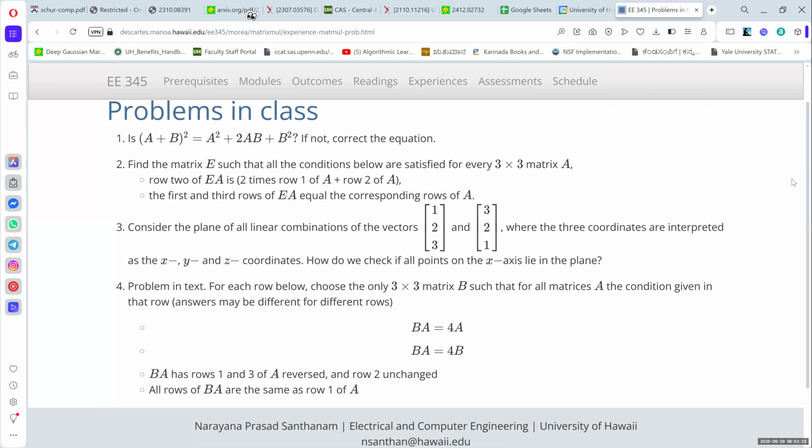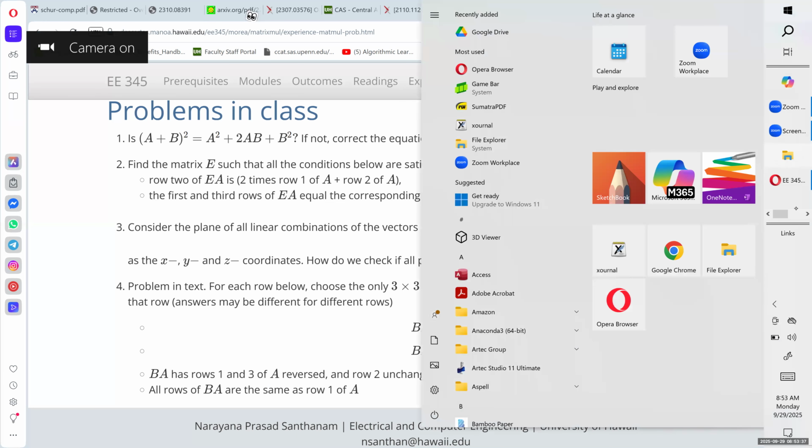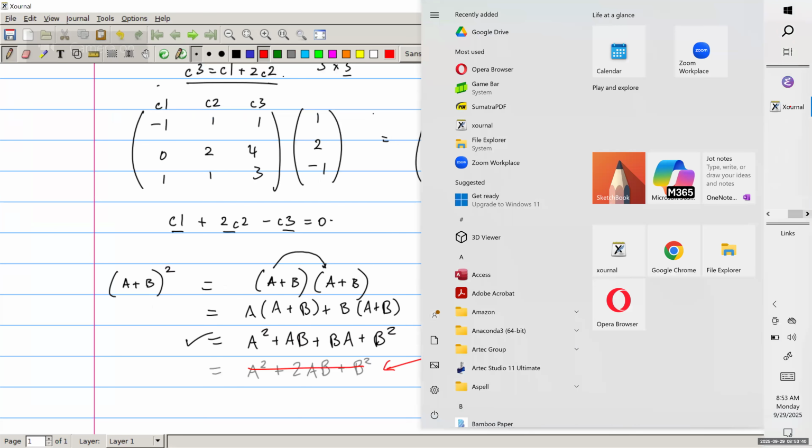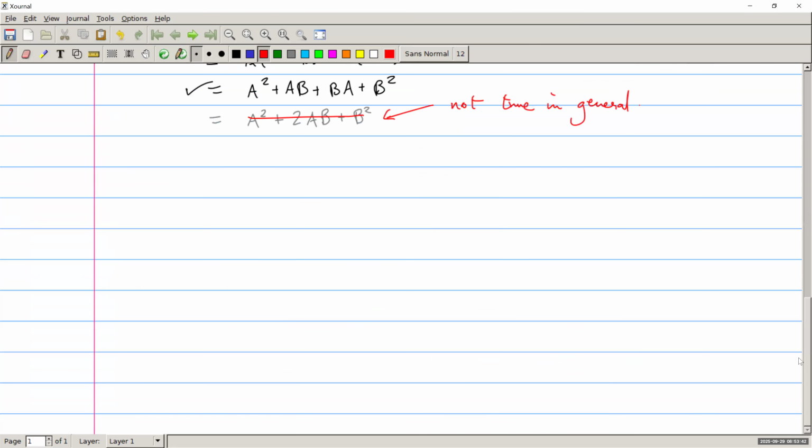these two conditions. Row 2 of EA is 2 times row 1 of A plus row 2 of A. A is 3 by 3. So let's somebody read it out when I write it. So A has 3 rows.